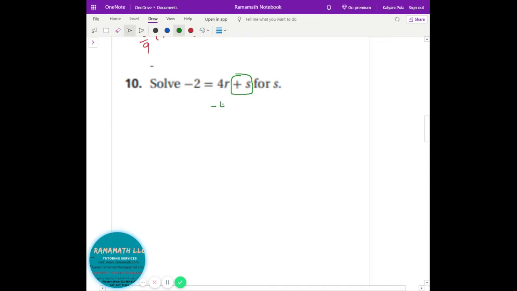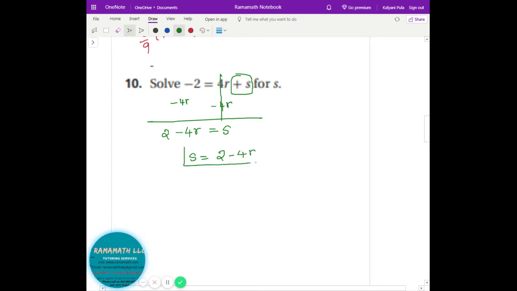I'm going to subtract 4r here and then here. So I can write this one, negative 2 minus 4r equals, the 4r cross out, and I just end up with the small s. So it looks like I got the s alone, so I'm pretty much done with the answer. I can write s equals 2 minus 4r.